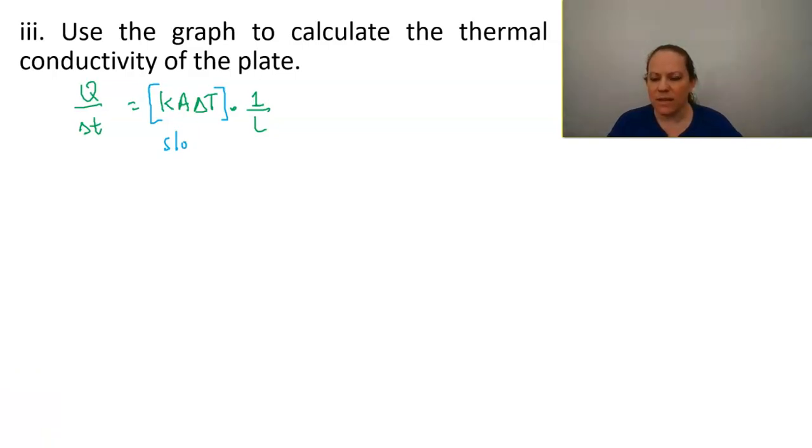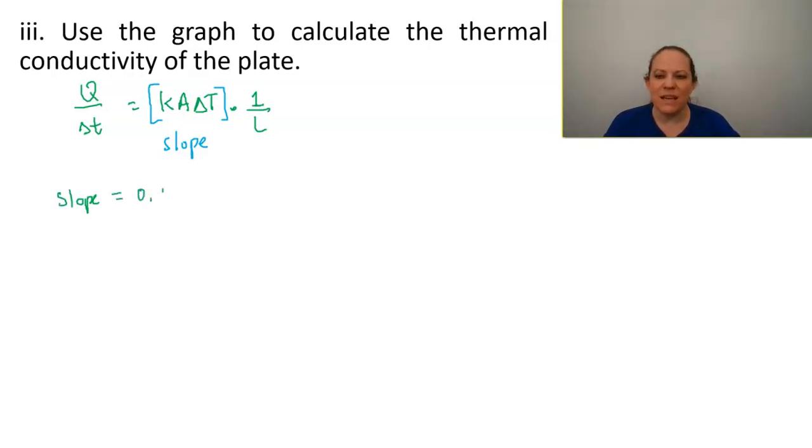I like the way that E looks. Hang on. Let's fix that. So I used this plotting software and it gave me a slope. So I'm just going to use that value.